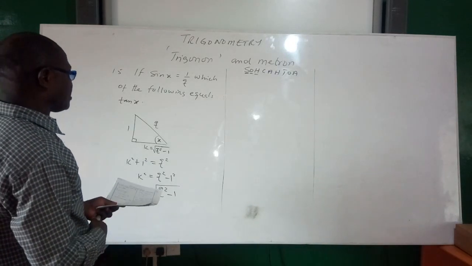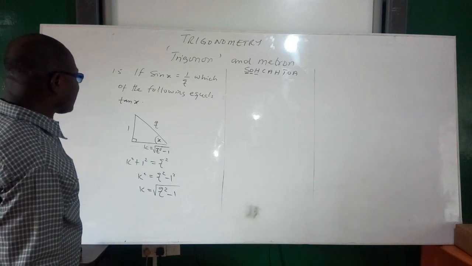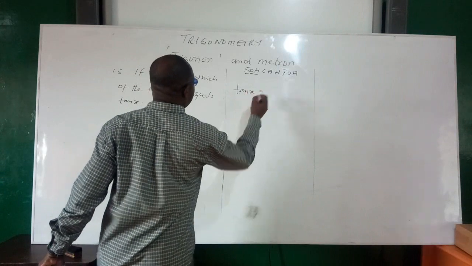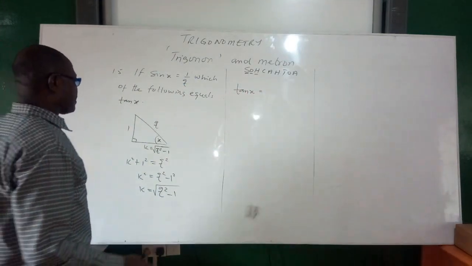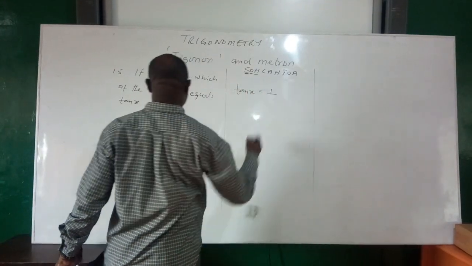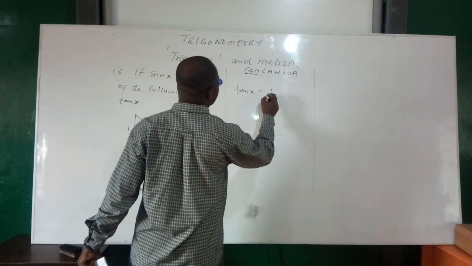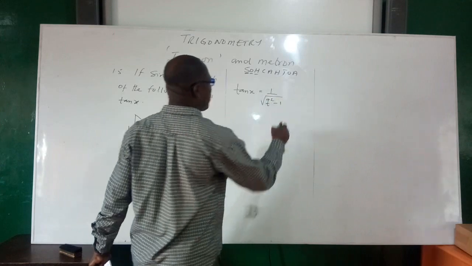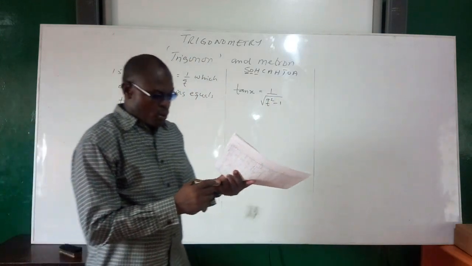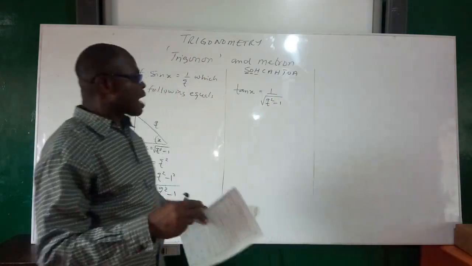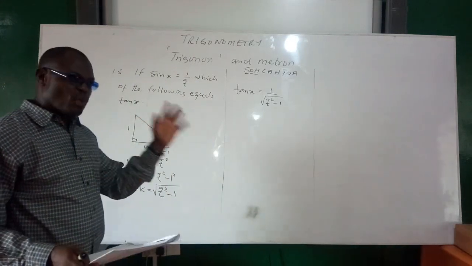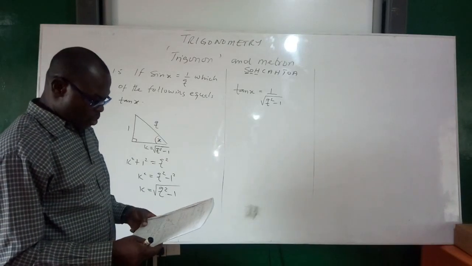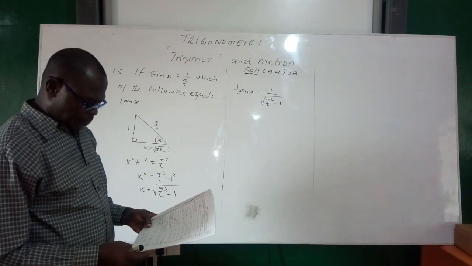We want tan x, and here our opposite is 1, and the adjacent is root q square minus 1. When we follow the acronym SOHCAHTOA, anything given to us as far as tan is concerned, we'll be able to solve within a few minutes.